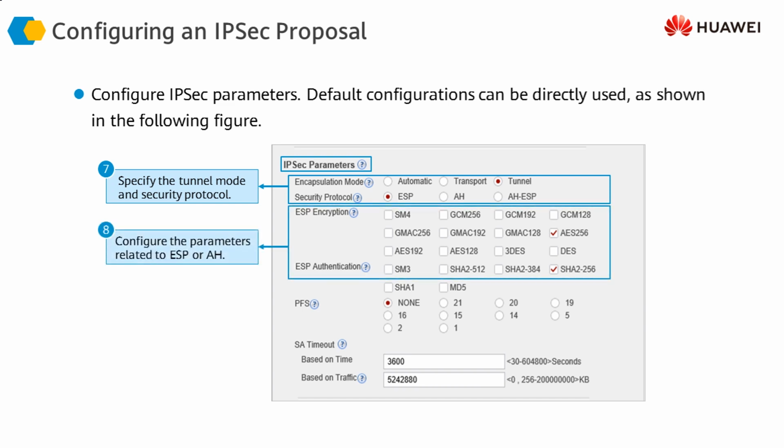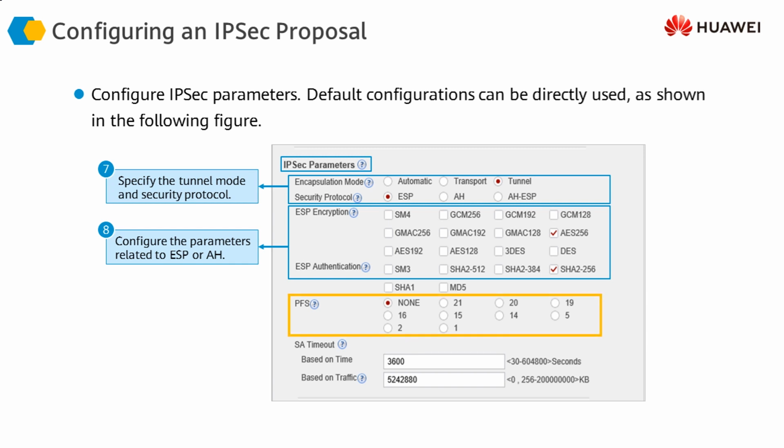The encryption we are going to use is AES 256, and the ESP authentication is going to be using SHA-2 256. So as you can see, the two most popular encryption and authentication algorithms are AES 256 for encryption and SHA-2 256 for authentication, or what we call the hashing algorithm.